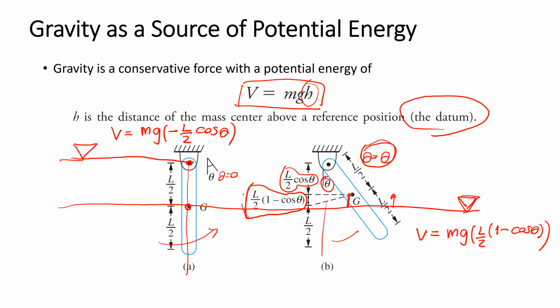So now for the second case, h is higher than the datum with this magnitude. In this case, h is this magnitude, but have the minus because it's lower from the datum.